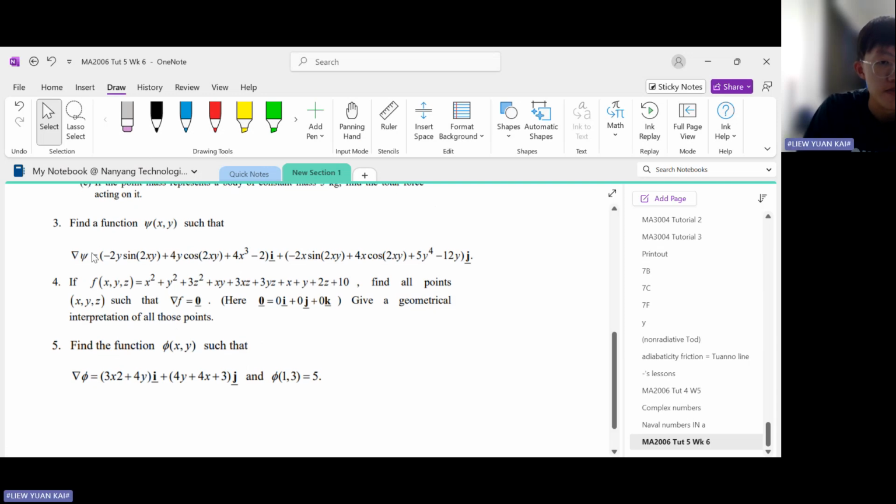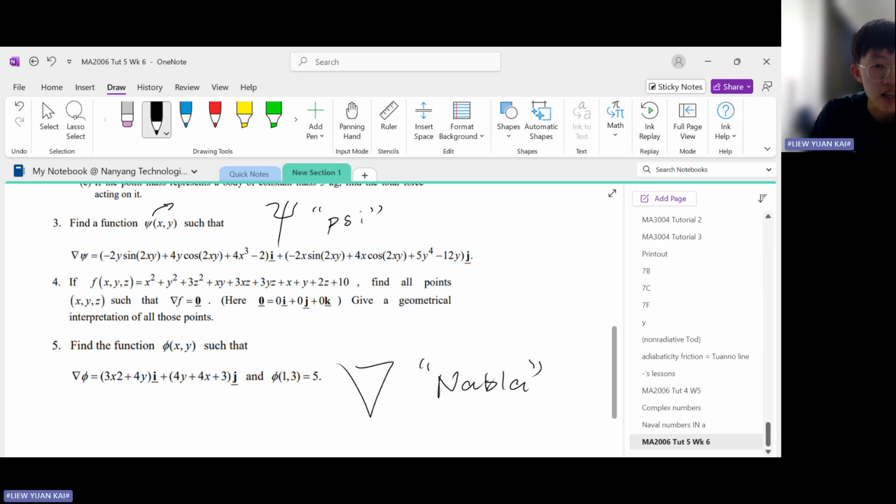Okay, so question 3, find a function, okay, psi. This is the Greek letter psi. Okay, find the function psi of x and y such that Nabla, the upside down triangle, is called Nabla.